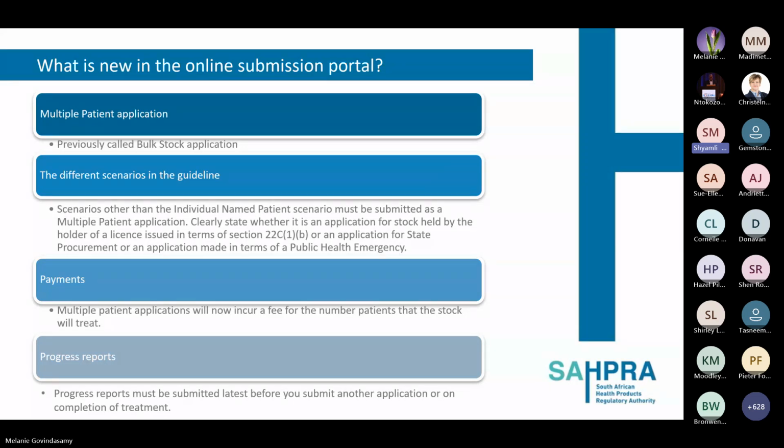Then we also have a multiple patient application payment structure. When you mark the quantity or the number of patients that you intend to treat with a multiple patient stock, it will generate an order for you with the fee for the number of patients that the stock will treat.